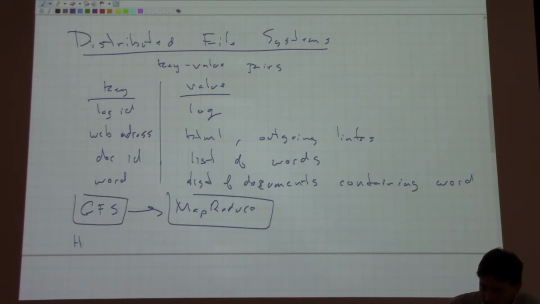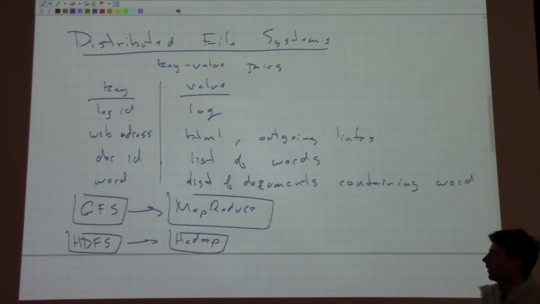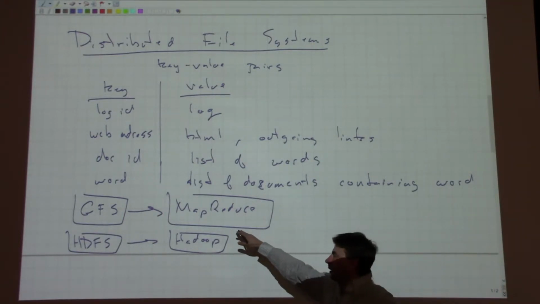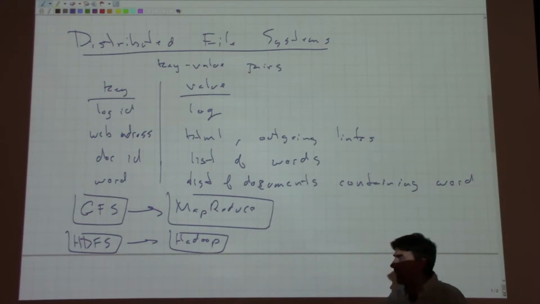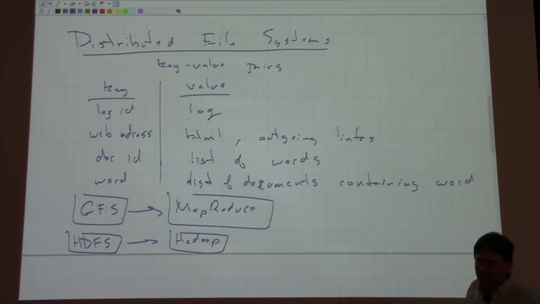Then there's the open source version, the Hadoop file system, and Hadoop sitting on top, and these are open source versions of the Google file system and MapReduce correspondingly. They weren't quite the same.